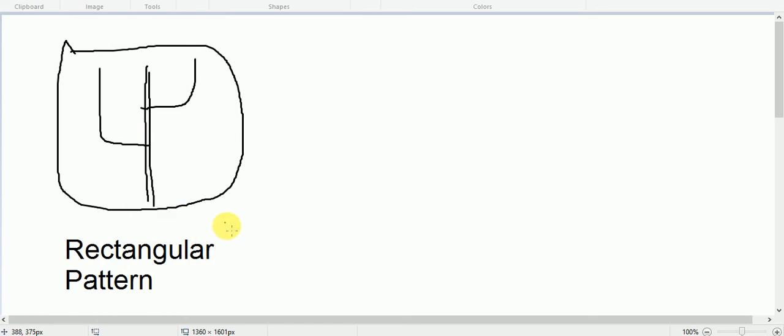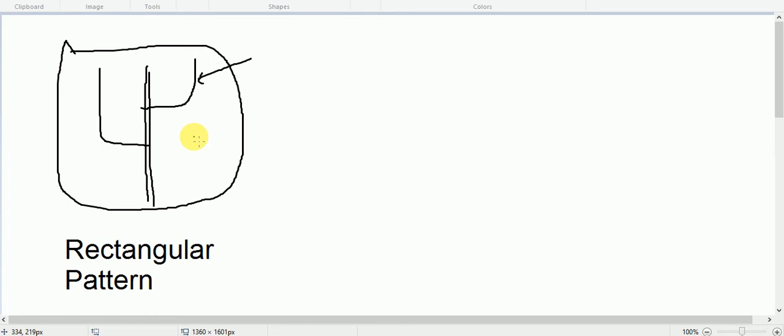Remember, like the trellis pattern, in the rectangular pattern also the tributaries, okay, so this is the tributary. The tributaries are joining the main stream at right angle, just like the trellis pattern.